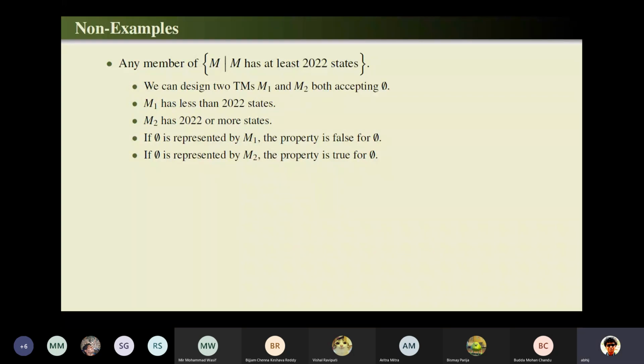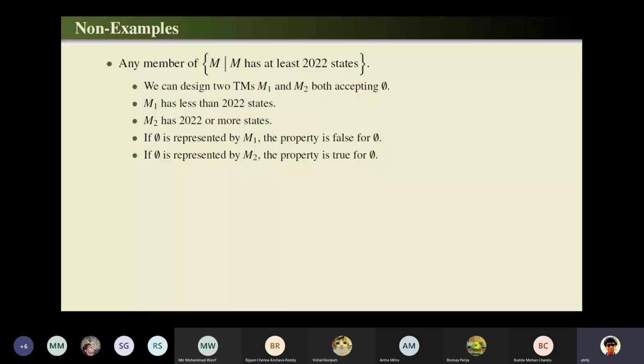For some Turing machines this property is satisfied. For some other Turing machines in the same set, this property is not satisfied. So that is the reason I do not call it a property of RE languages or RE sets. Having 2022 states or more or less is essentially a choice of the designer of the Turing machine. It has nothing to do with the language it is going to accept.